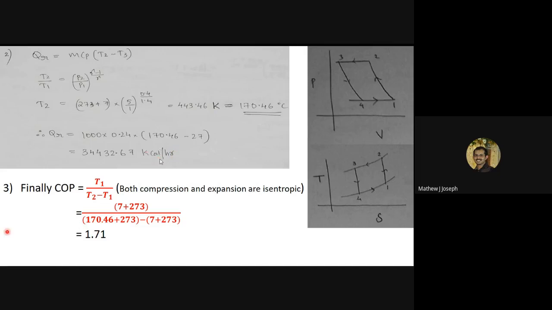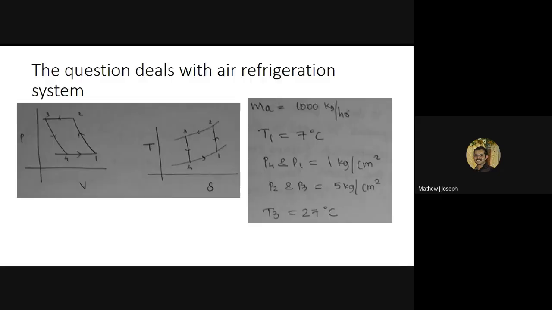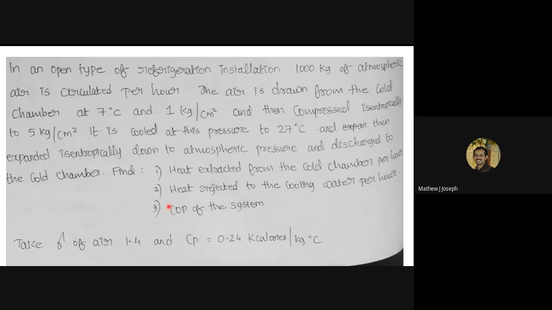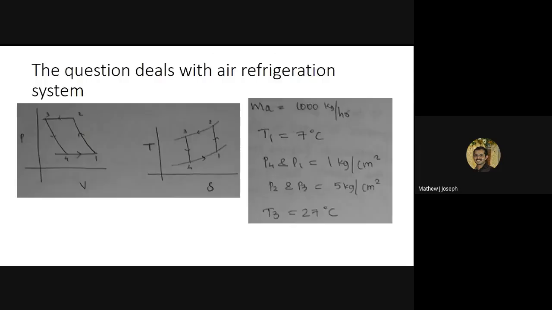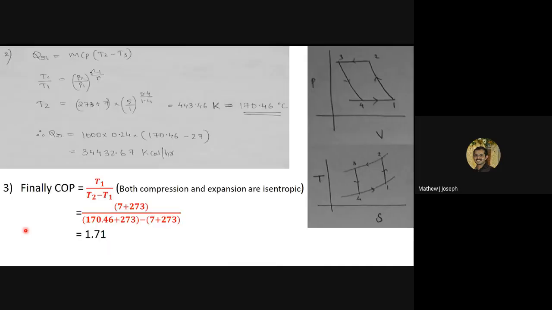The final step in our question is they are asking us to find out the COP of the system. How to find out the COP of the system? In the question itself, they are saying the compression is happening isentropically, and the expansion is also happening isentropically. So finally, COP will be equal to T1 by T2 minus T1. Why?